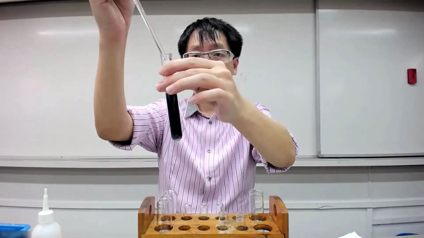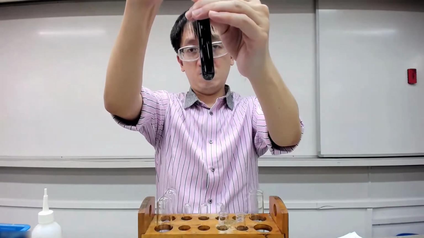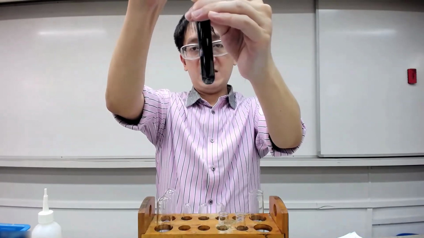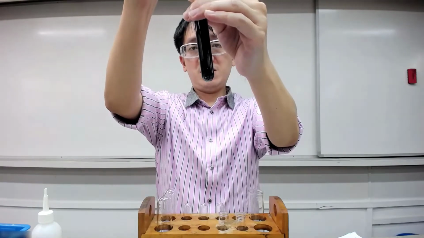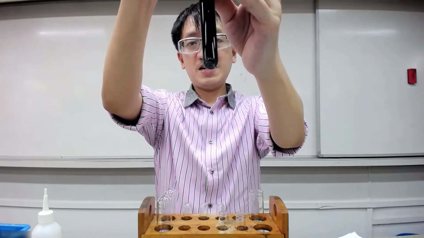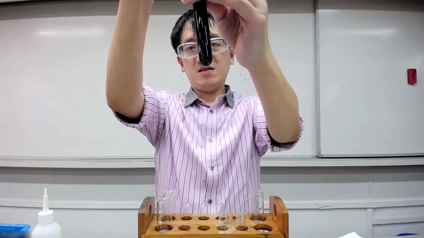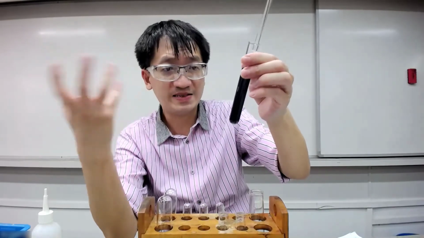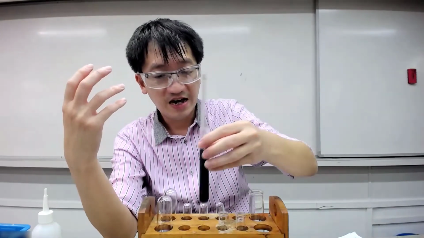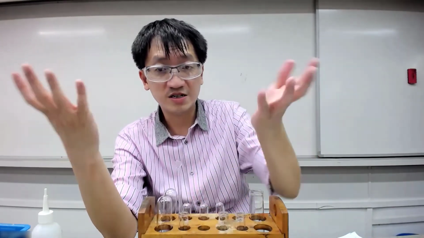So we put it in, and you can observe that more of the PPT dissolves. But there are still some at the bottom. So this is what we call very messy. You're going to get very messy results, and you can't really have a very good conclusion here.